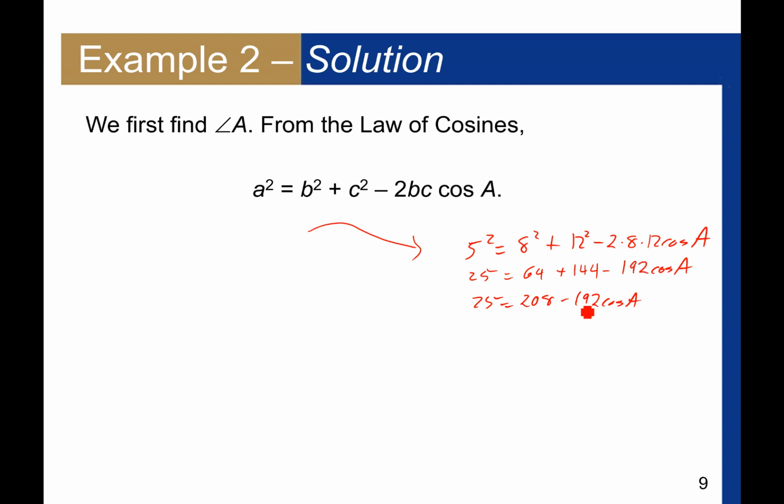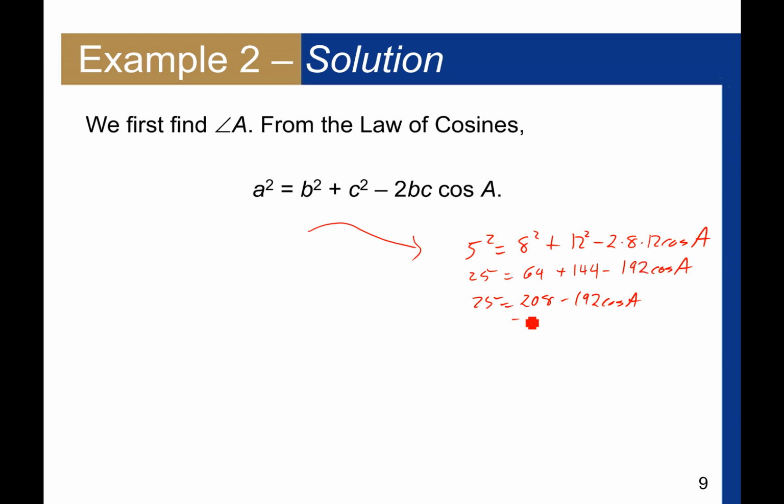Because again, this is attached to the variable term here. Here's a constant, here's a constant. The 208 and the 192 times the cosine of A are not like terms. You can't do that.